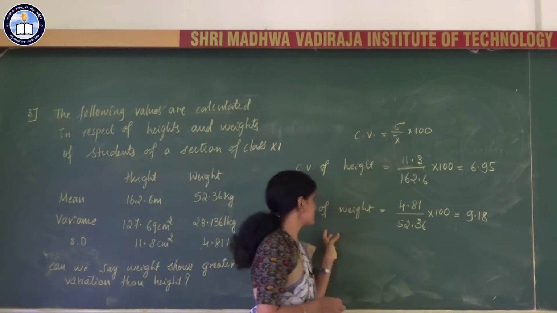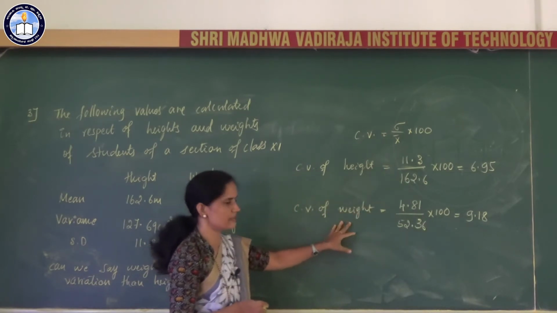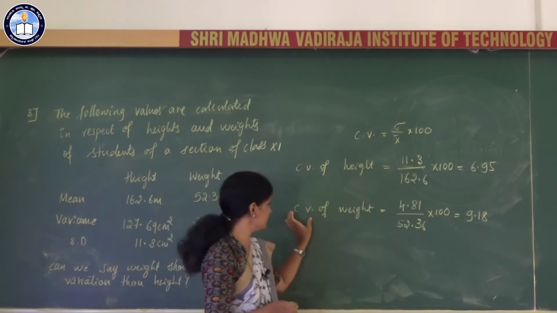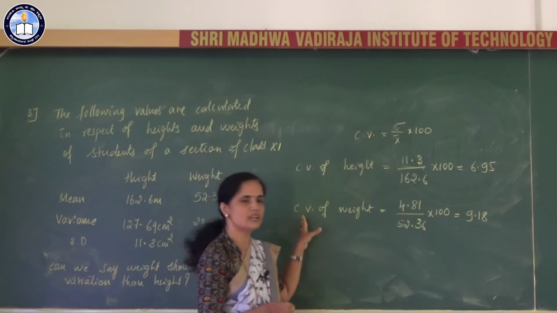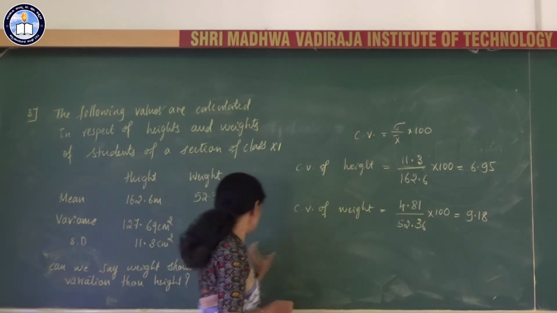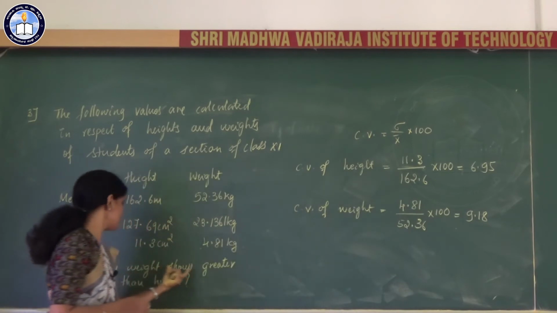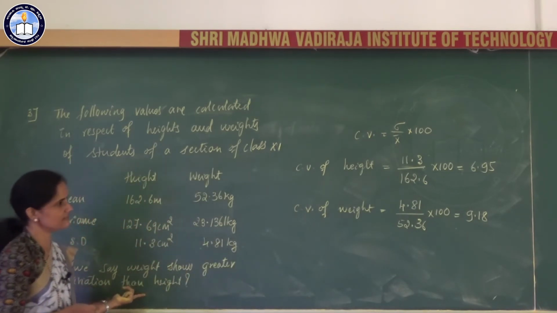So which one, height or weight, is having the greater coefficient of variation? That is obviously weight. Therefore, is it true? Can we say weight shows greater variation than height? Yes, it is true.